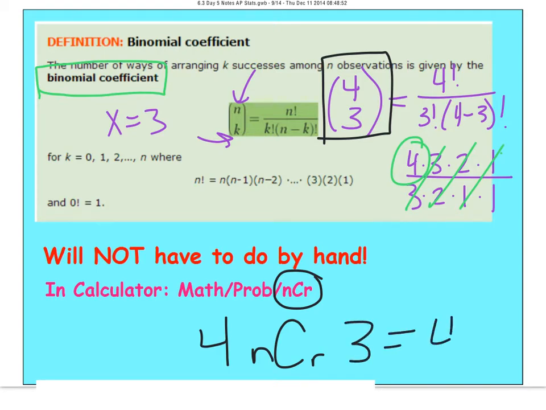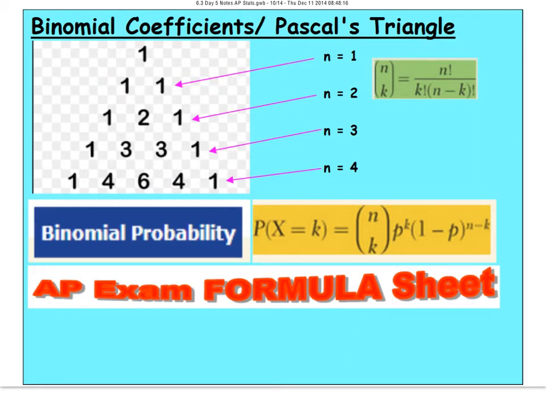When you hit enter, it will tell you that there's 4 possible combinations. It's not necessary that you know this, but the binomial coefficient is actually related to Pascal's triangle. So if you're used to seeing this related to polynomials and how the coefficients work on a first degree, a second degree, a third degree polynomial, it is actually related to this. Don't worry about it though.